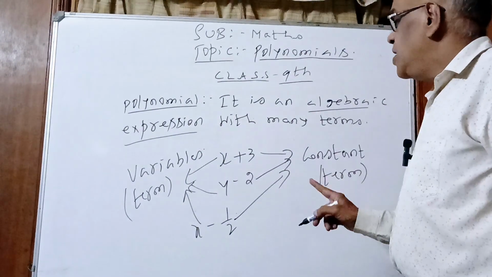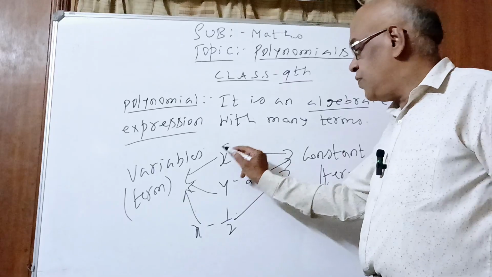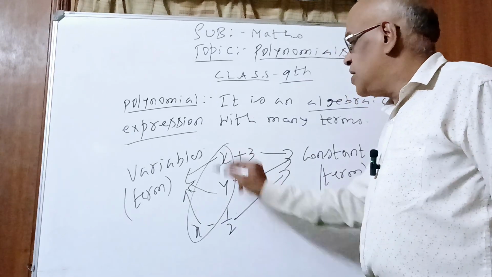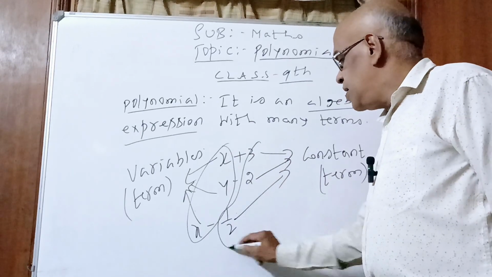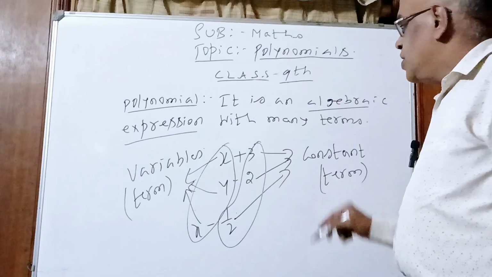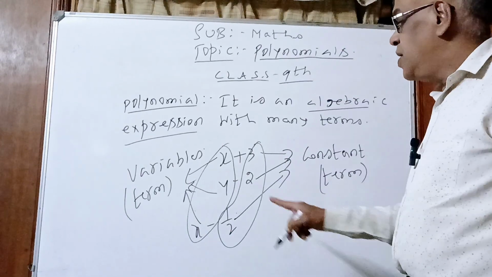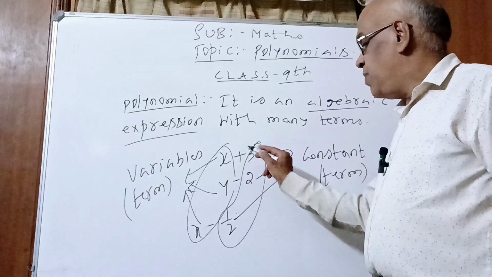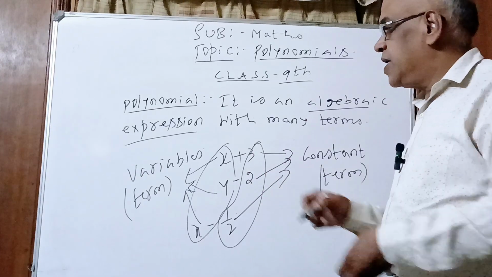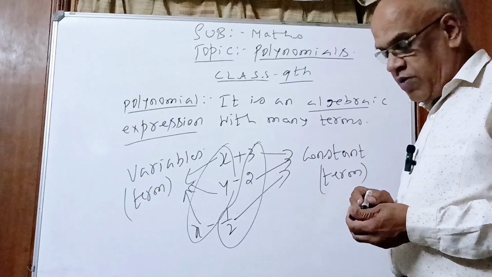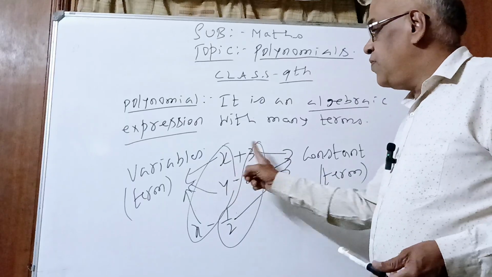Understood? So an algebraic expression has two types of terms. Combination means we use plus or minus symbols to club the terms.